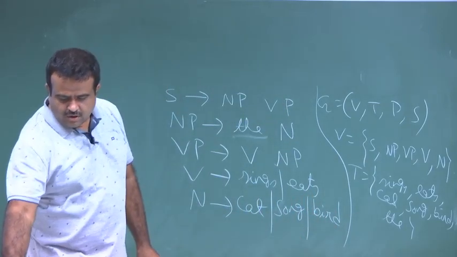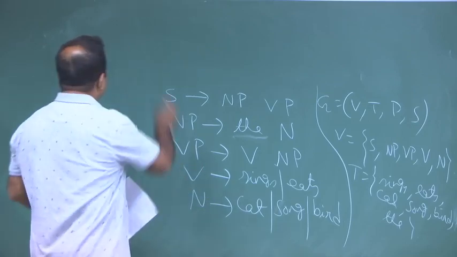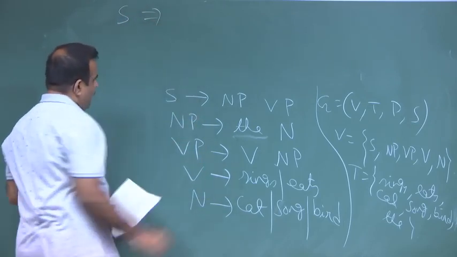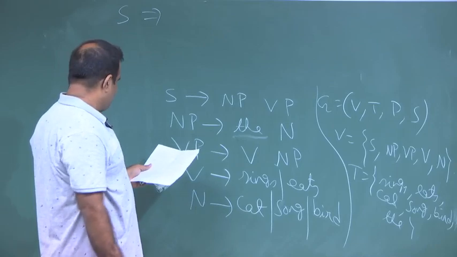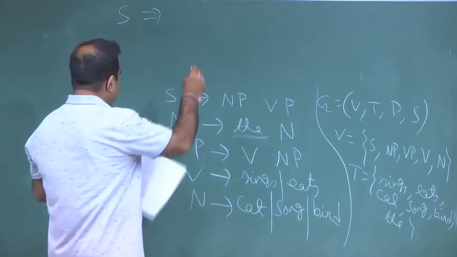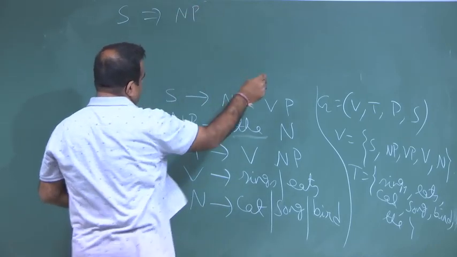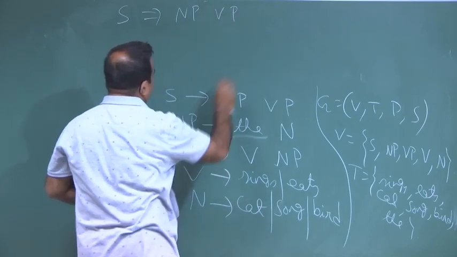Okay. So, what we will do? We start with S. S is only going to NP VP.